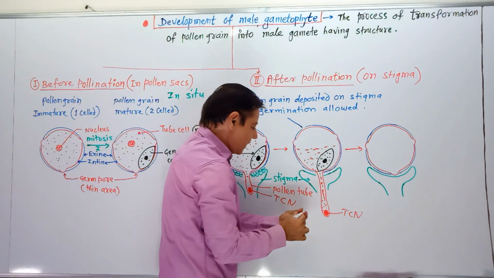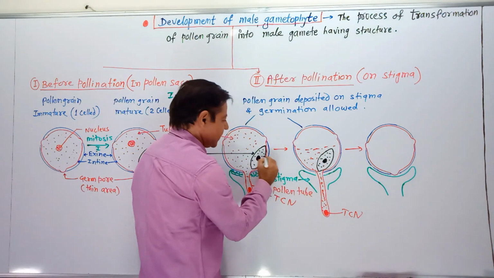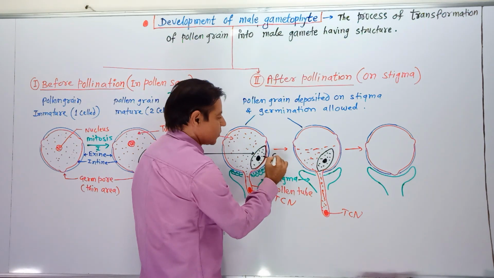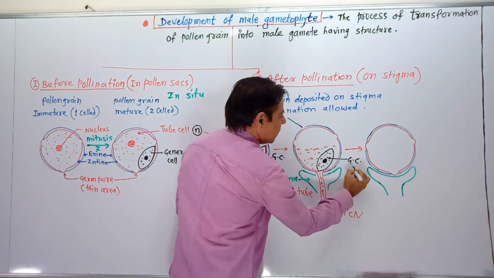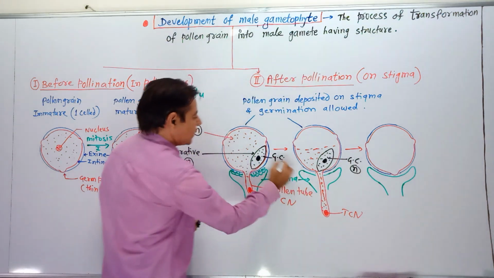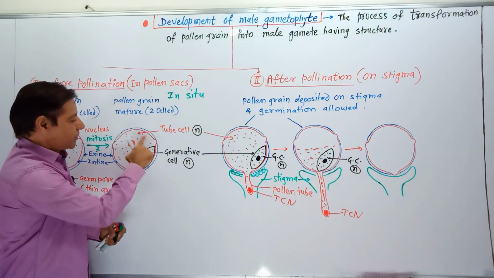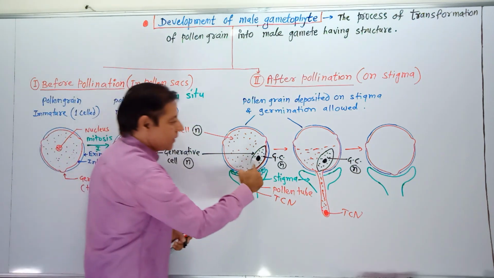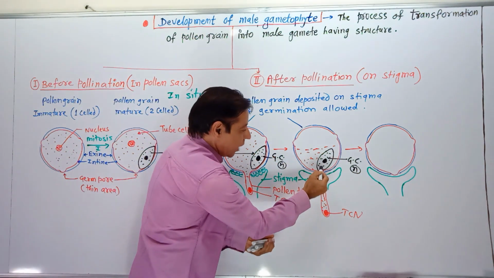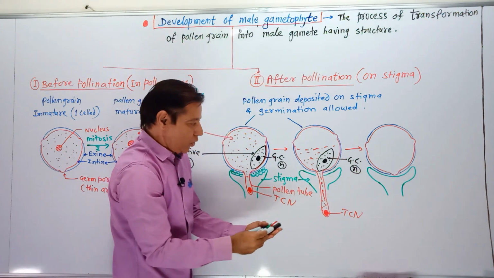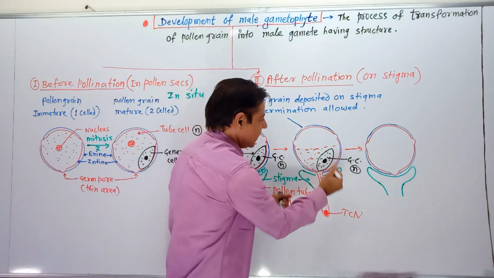And at last, the generative cell, this one, a small spindle-shaped generative cell, which is haploid. So there is one tube cell and another generative cell. This generative cell comes into the cytoplasm and is now ready to enter the pollen tube.